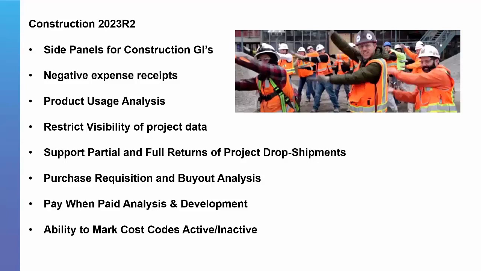Side panels in the construction GIs, negative expense receipts, product usage analysis, so that's related to inventory, better restriction on project data, that's been a long requested item, support for partial and full returns of project drop ships, and then also project buyout. So the ability to have project capabilities with requisitions and enhancements to the buyout process.